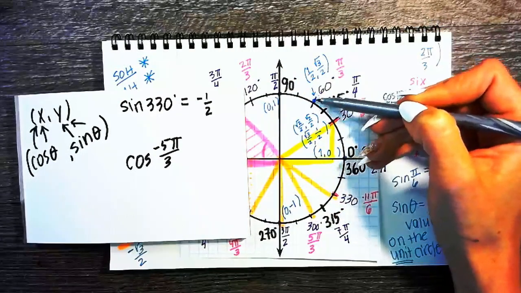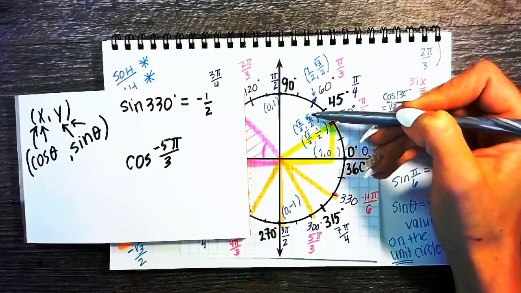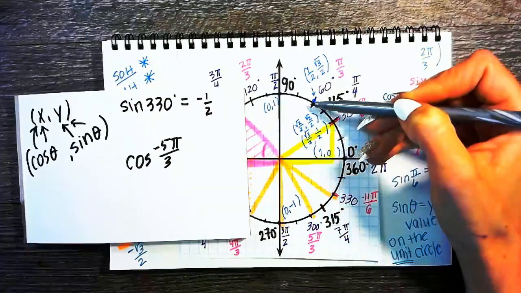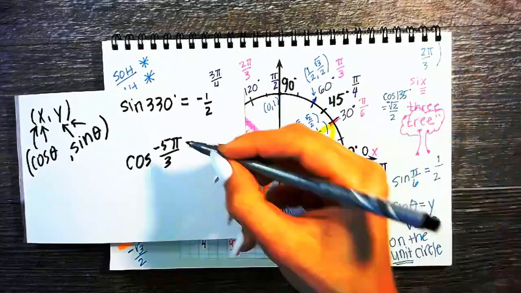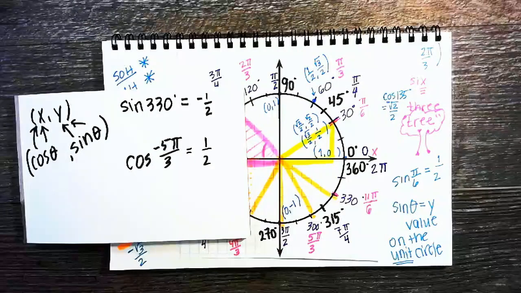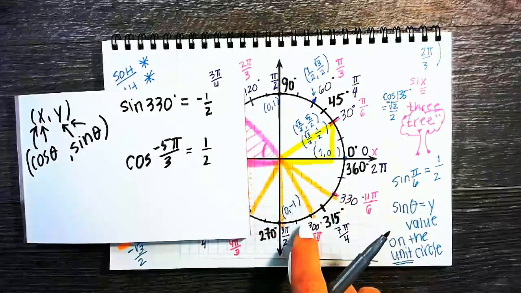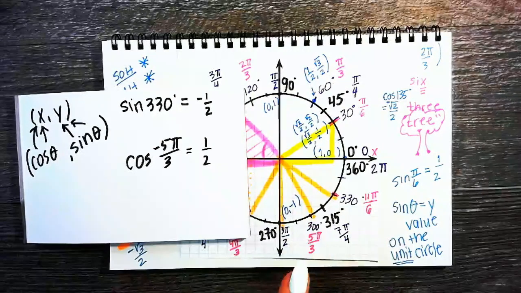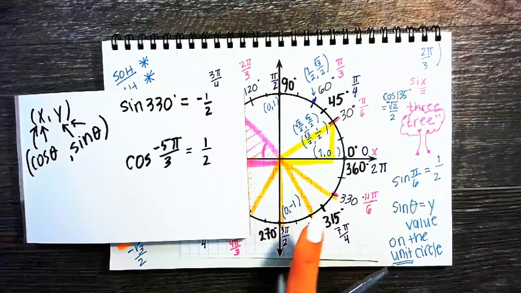Negative 5 pi over 3 will land right there. Cosine is the x value. I went over a little, up a lot. Cosine's x, over a little. So the cosine is 1/2. The way I'm doing it is so that you can do this in your head and not look at the circle anymore. You're not going to look at the circle forever. You're going to do these in your head.